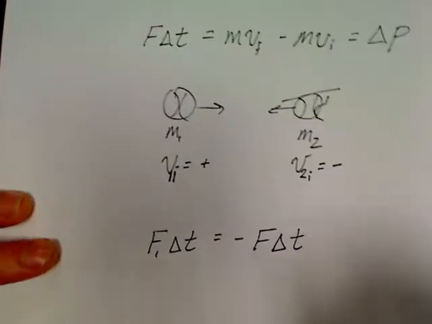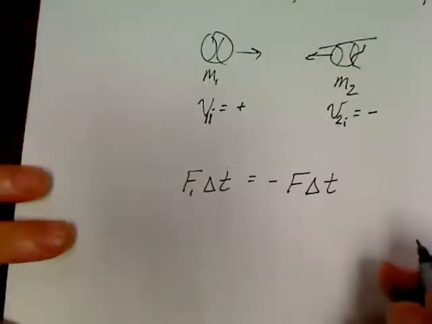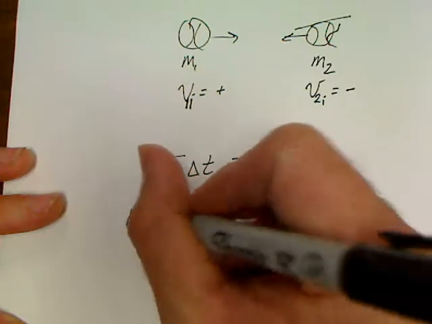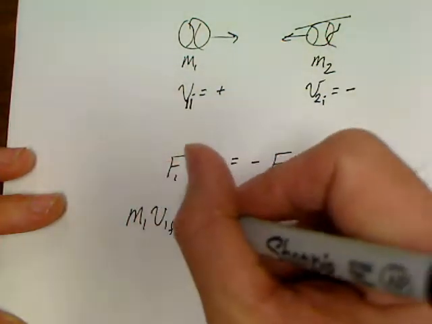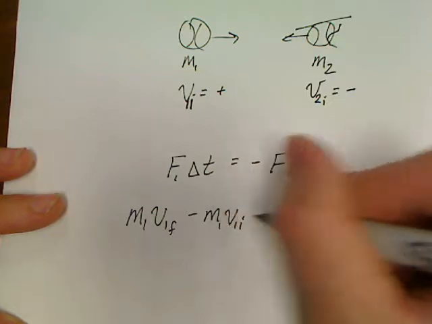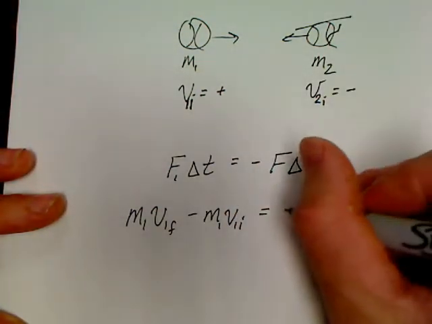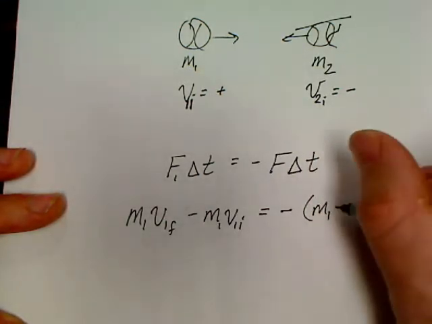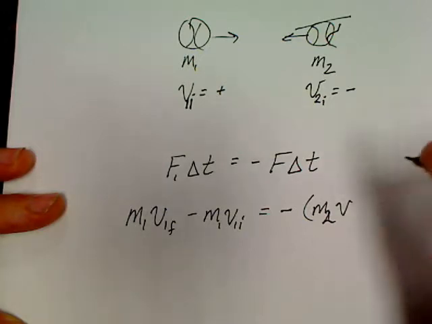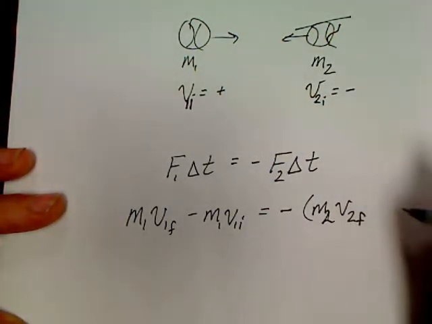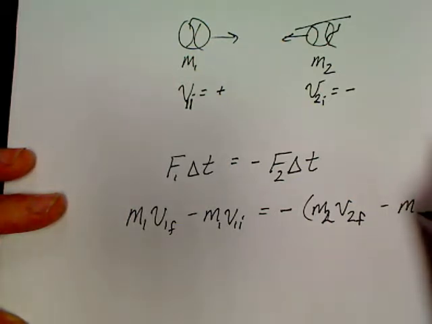So based on this, I want you to look at something. This is where we derive an important equation from. That means that M1 V1 final minus M1 V1 initial would be equal to the negative of M2 V2 final minus M2 V2 initial.